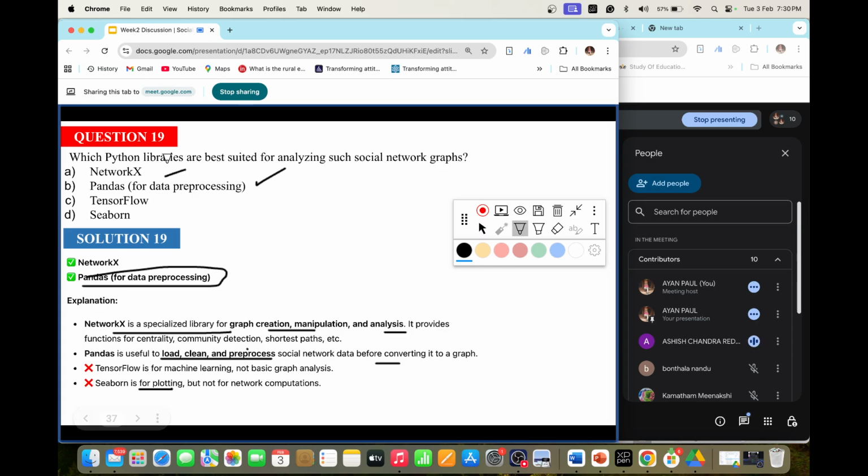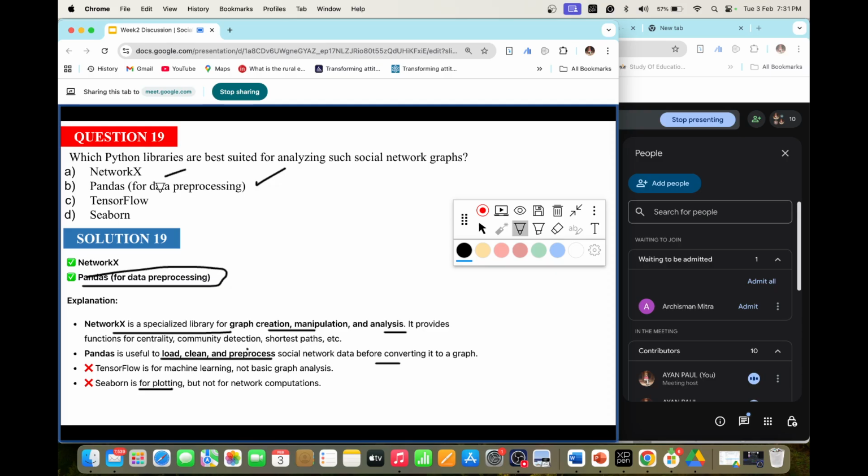We use matplotlib for plotting. Similarly, can't we use Seaborn? Yes, Seaborn is very similar, but matplotlib has more plotting options than Seaborn.